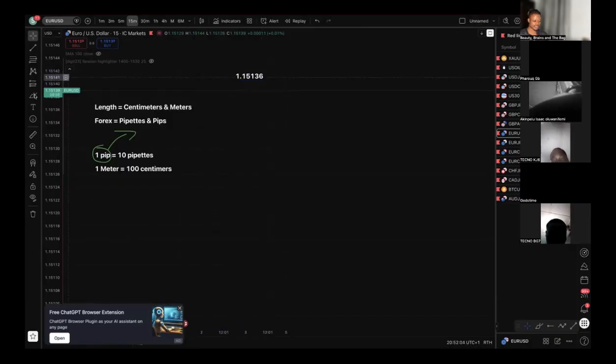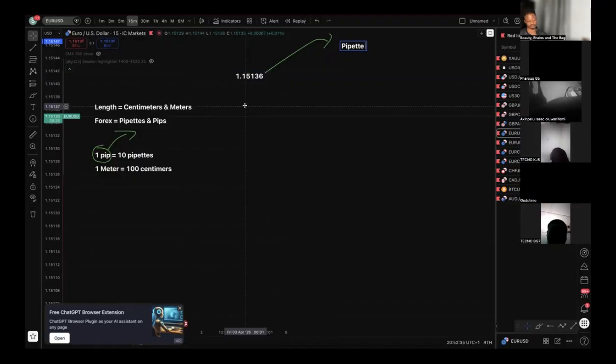This last number here is the pipette. Then everything before that last number are the pips. So this is 3 pips. This is 13 pips. This is 513 pips. 1,500 and like that. Are you with me? So that is basically it.